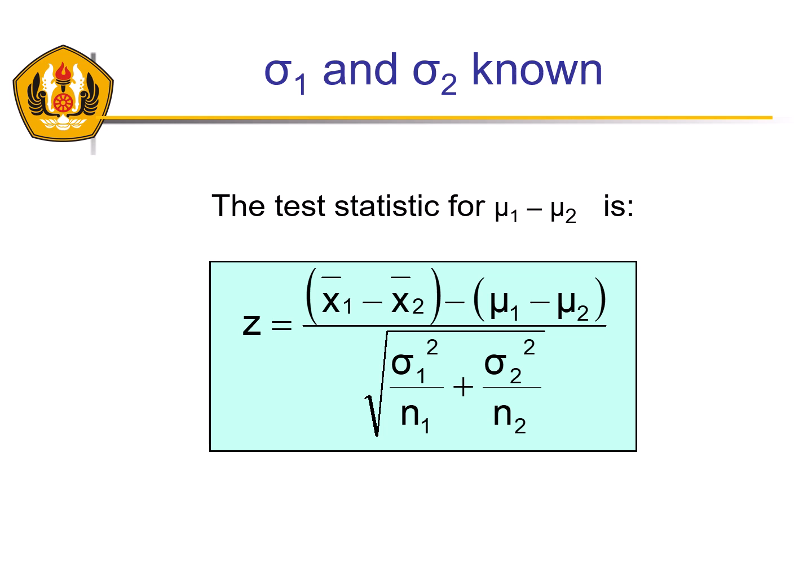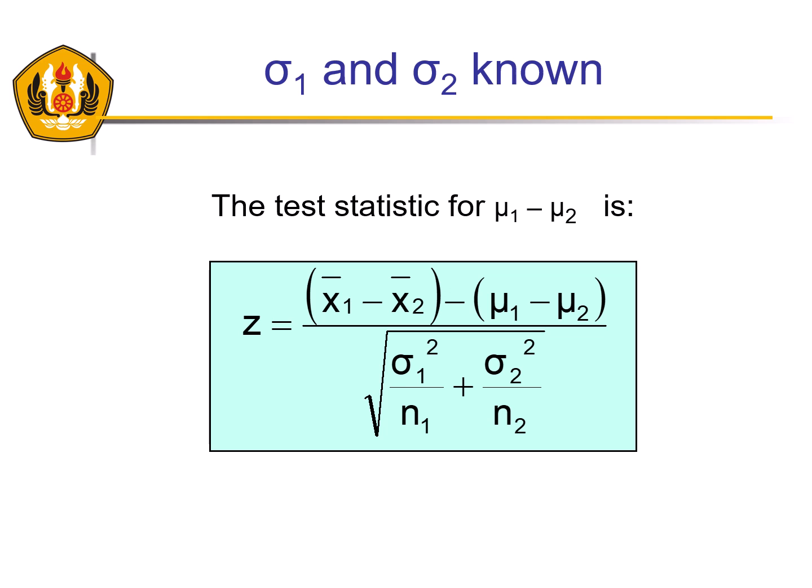If sigma 1 and sigma 2 are known, then the test statistic looks like this. The test statistic for testing mu1 minus mu2 is a z-test that consists of x bar 1 minus x bar 2 minus mu1 minus mu2, over the square root of sigma 1 squared over n1 plus sigma 2 squared over n2.